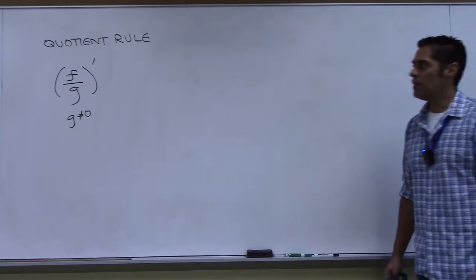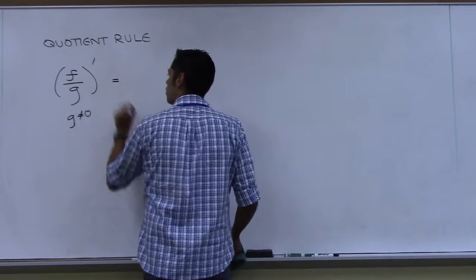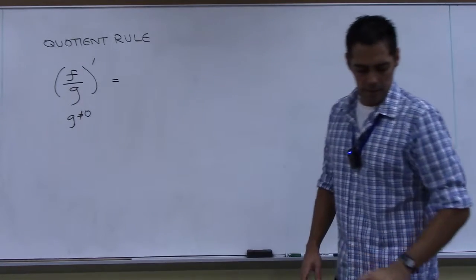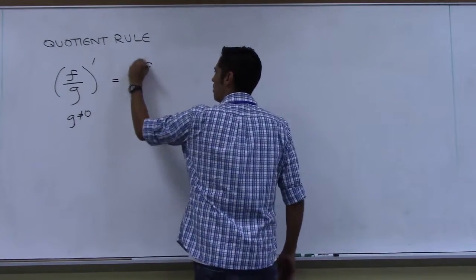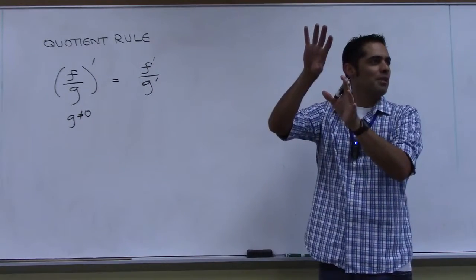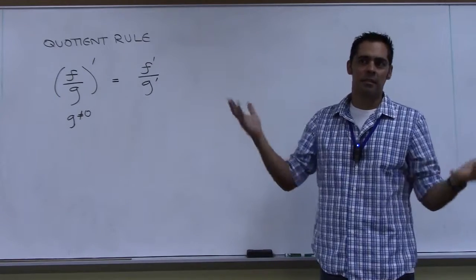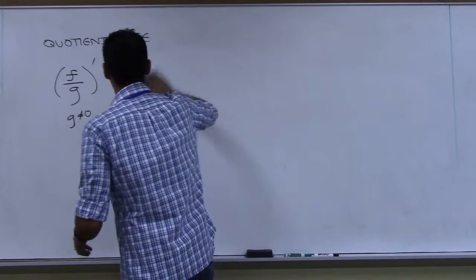But as long as your function on the bottom is non-zero, then the quotient should be, wow. Well, don't write this down. This is what we wish it was, that you did the derivative of each one and divided. That's what we wish it was, but it's not. Just like the product didn't work this way, quotient doesn't either.